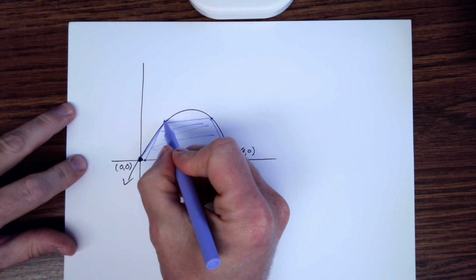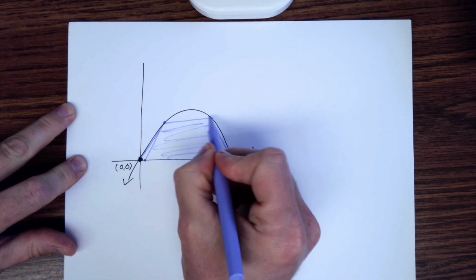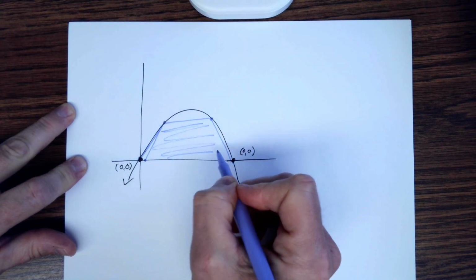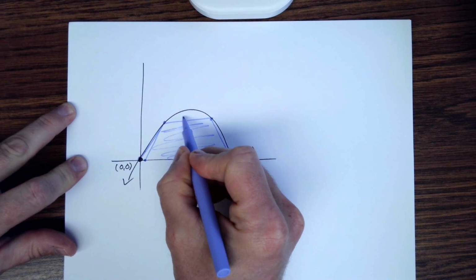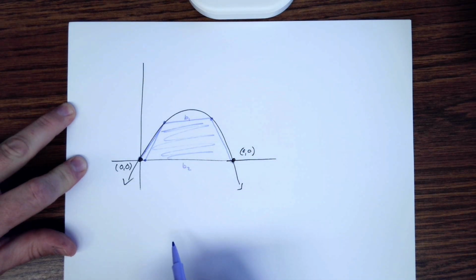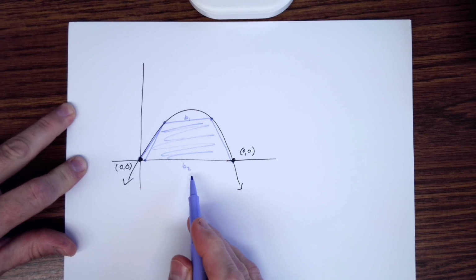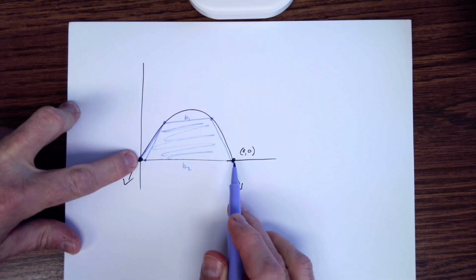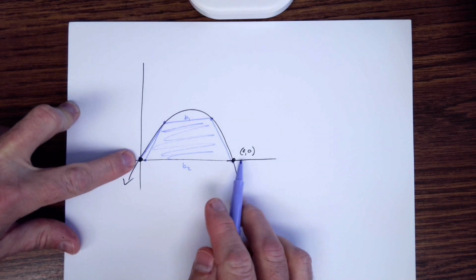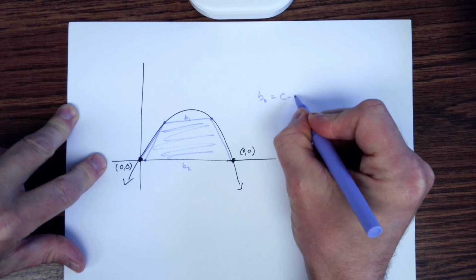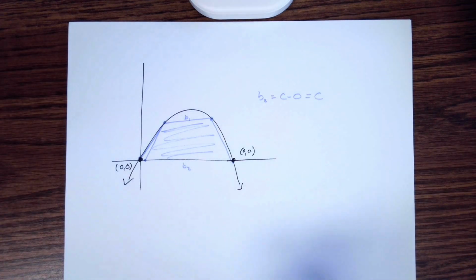Well, a couple of problems pop up. How far up do we put these two points? If we put them all the way up there, we turn it into a triangle. What's the length of this side right here? We'll call this base 1, and this is base 2 here. We could find base 2 easily enough. That's just the distance from the beginning to the end of the interval, and in this case that would be c minus 0, which is just c.